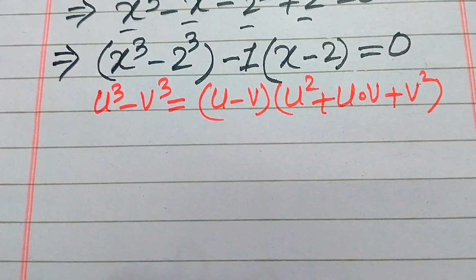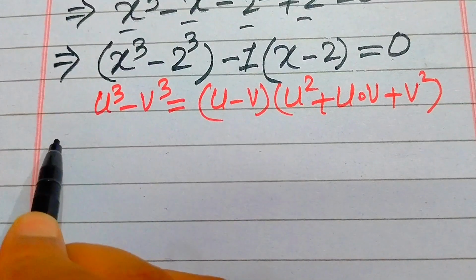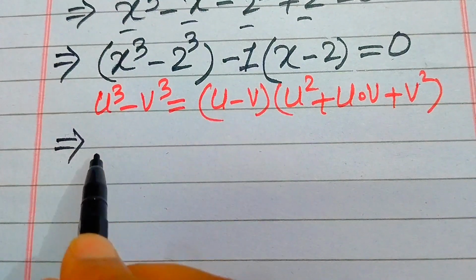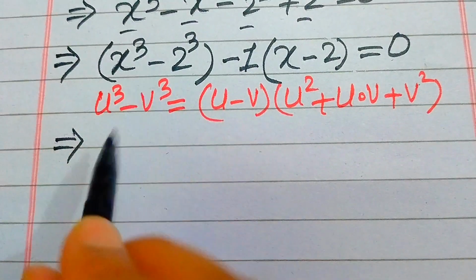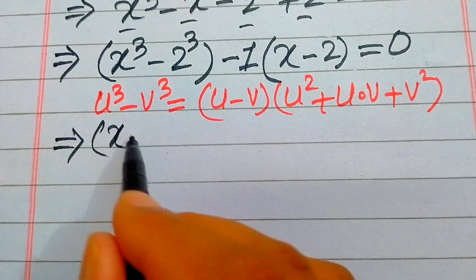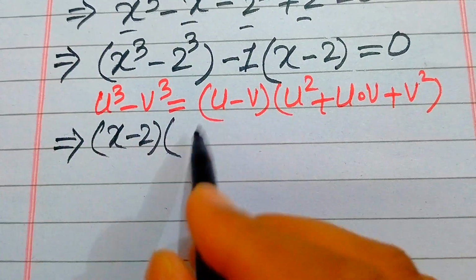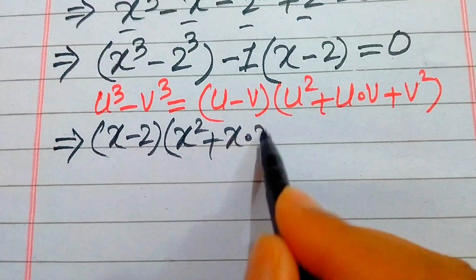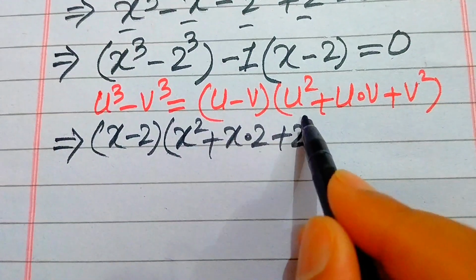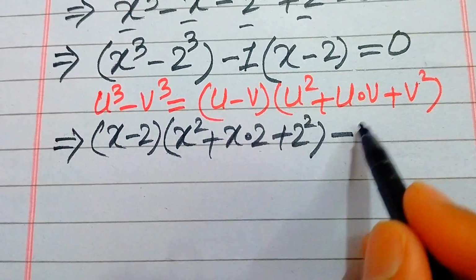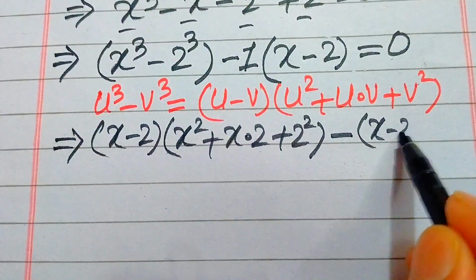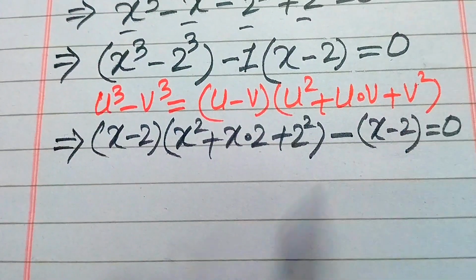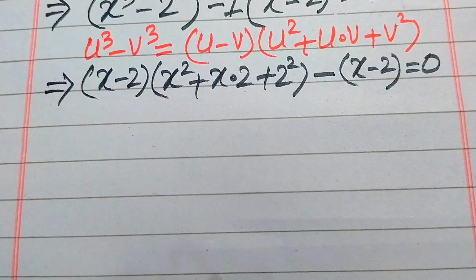According to this cubic formula, we write the left hand side of the above equation as x minus 2 times x squared plus x times 2 plus 2 squared, minus, here we have x minus 2, and this whole equation equals 0.